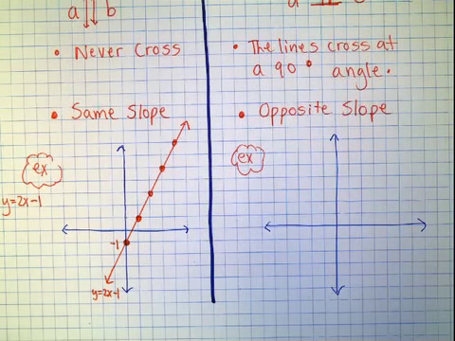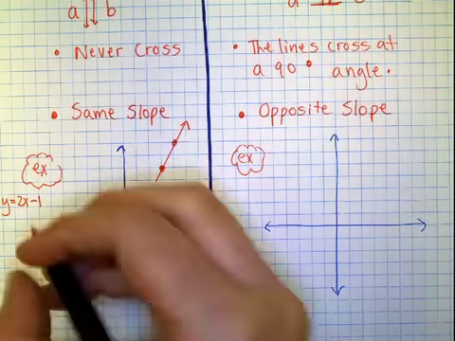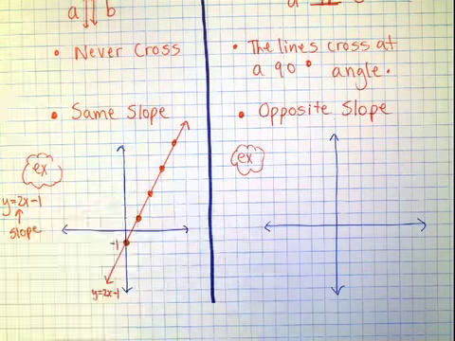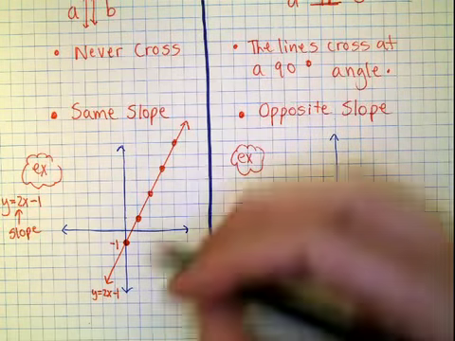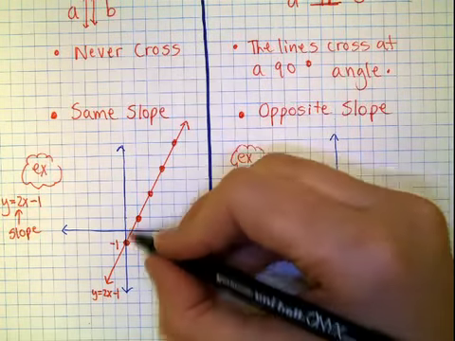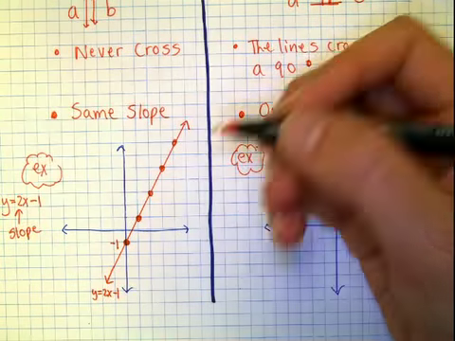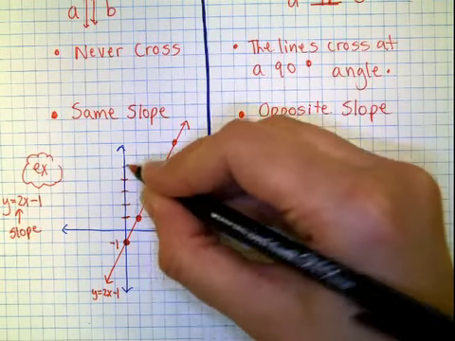Okay, well, I want to draw a line that is parallel. So what do we know about parallel lines? They never cross and they have the same slope. So this thing has a slope of 2. So my parallel line has to have the same slope. But it's probably not going to start at the same spot. It's going to start somewhere else at a different y-intercept. So I'm going to go somewhere else on my graph. I go up here to 1, 2, 3, 4, 5.